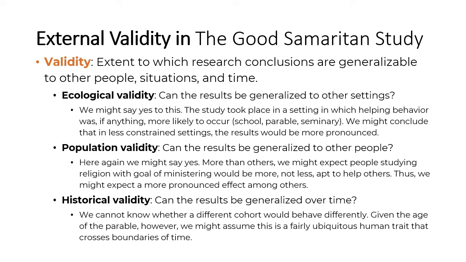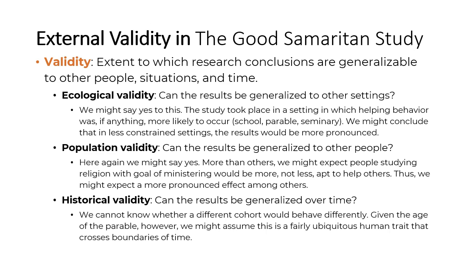The Good Samaritan study took place in a setting, the seminary school, in which helping behavior was, if anything, more likely to occur. Even if one of these students were outside just walking in the street, they might not have activated their school and their seminary mentality. And so we would really expect helping behavior to be more likely to occur.